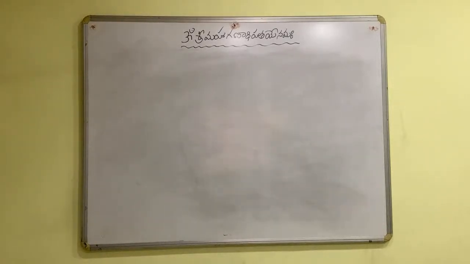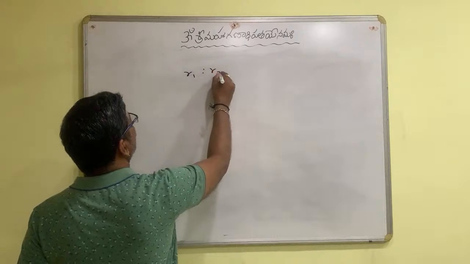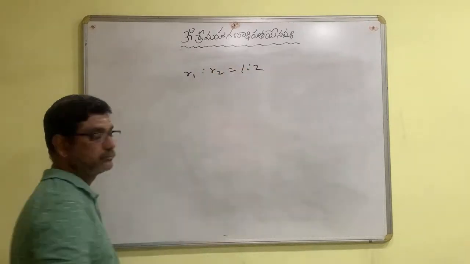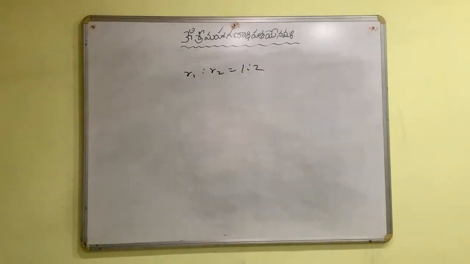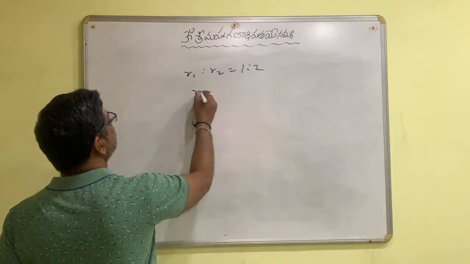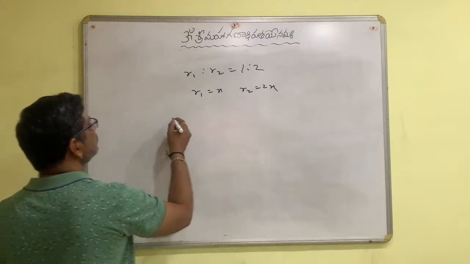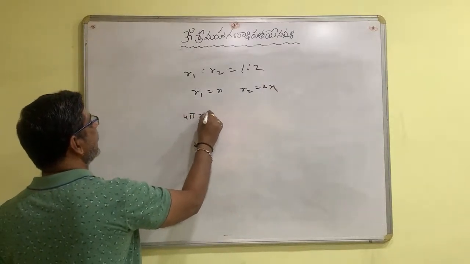The radii of two spheres are in the ratio 1:2. R1 is to R2 is 1:2. Then find the ratio of their surface areas. That means R1 is x, R2 is 2x. Now the ratio of surface areas.